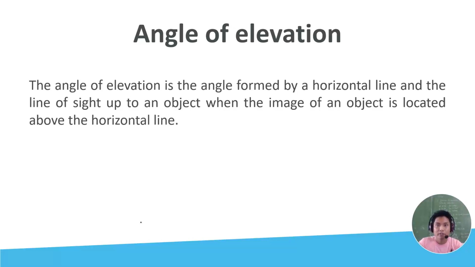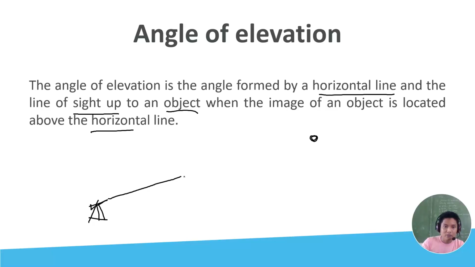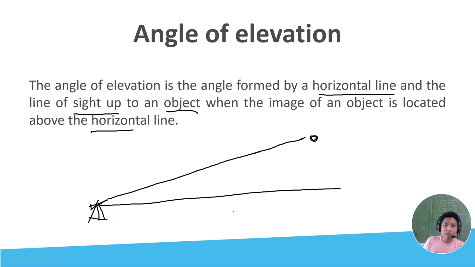So, next. Another application of trigonometric functions is in solving problems that involve angle of elevation and angle of depression. The angle of elevation is the angle formed by a horizontal line and the line of sight up to an object when the object is located above the horizontal line. Let's say we have an instrument and there is an object there. Then here is your line of sight. The angle of elevation is measured from the horizontal line from that instrument going to the line of sight up to the object.